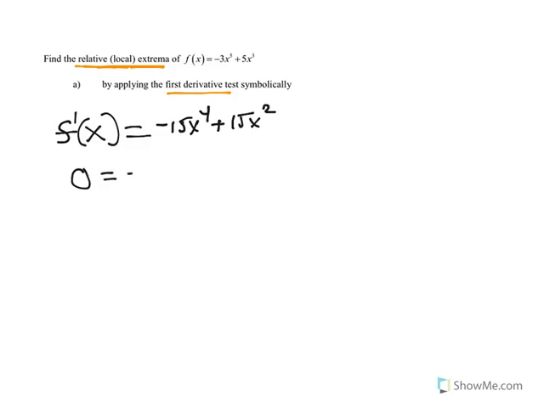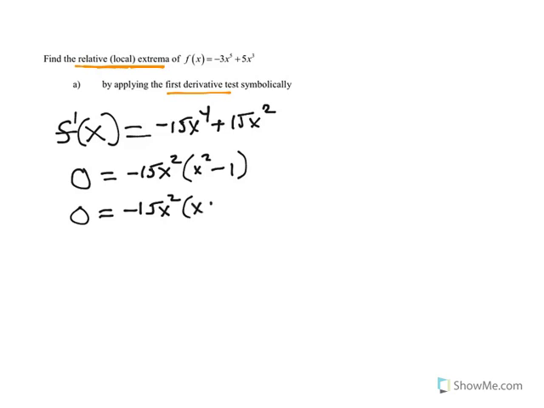So we'll factor out a negative 15x squared. And it looks like an x squared minus 1 is left behind. Check it with multiplication. Distribute negative 15x squared back in. That's negative 15x to the 4th plus 15x squared. The x squared minus 1, you can factor that as a difference of two perfect squares.